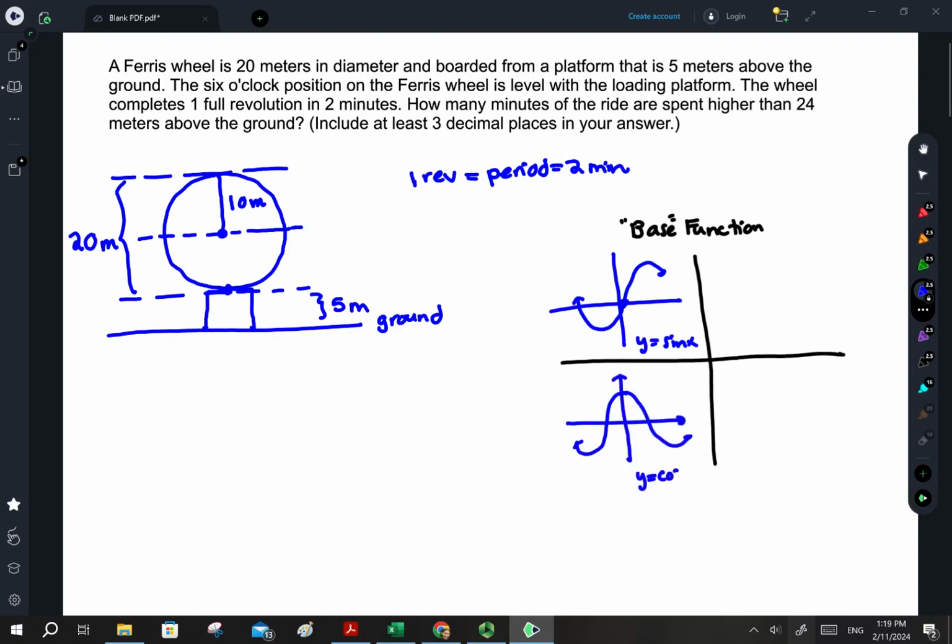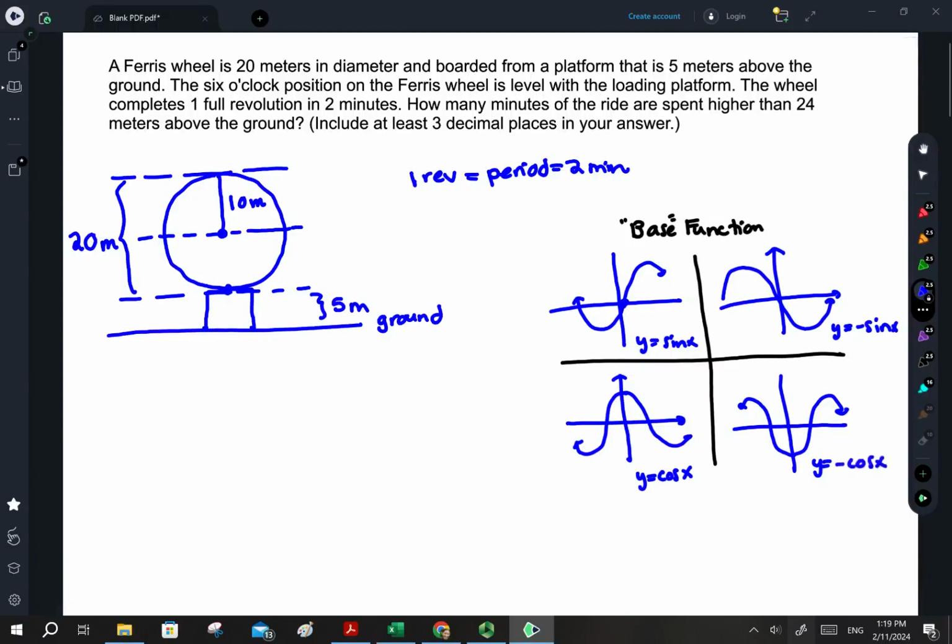And we're really just transforming one of those 2, but I think it's helpful to think of the vertical reflections of these functions as their own option. So I have y equals sine of x. If I reflect that vertically, I will get the graph of y equals negative sine of x. And if I reflect the graph of cosine of x vertically, then I get the graph of negative cosine of x.